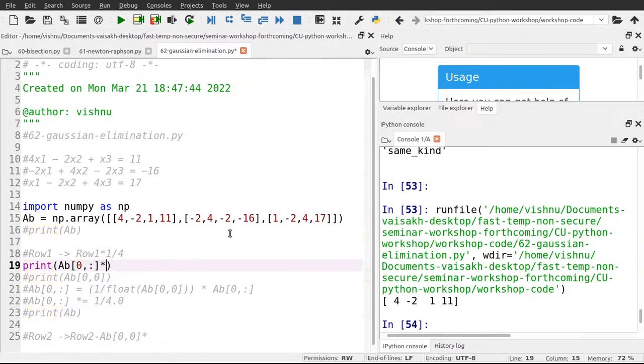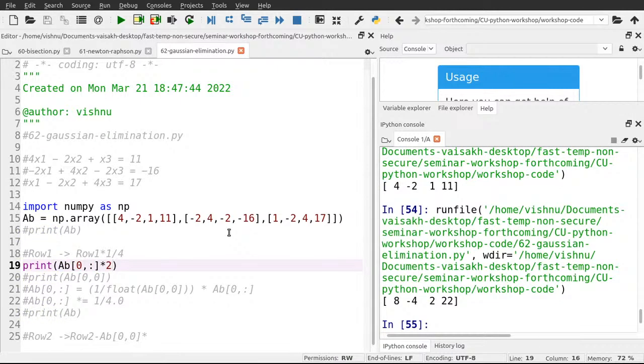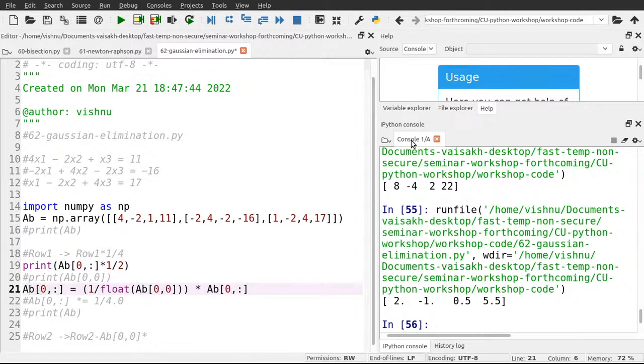So star 2, that's fine. 1 by 2, that's also fine. So what is the problem then? This is equal to, maybe I can multiply it on the right. Let me try to multiply it on the right.